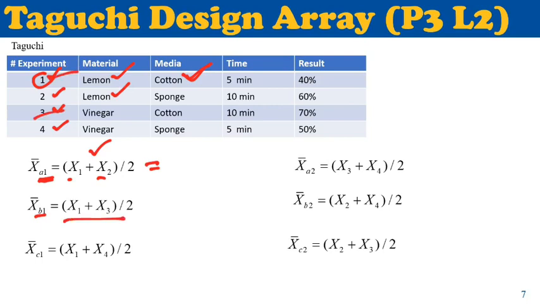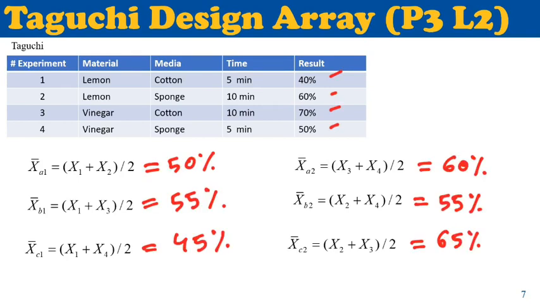So I take the average. So this is how you take the average of each level of each parameter. I had in total 6 levels, so that's why I had 6 equations. Now I'm going to take the average from this result and I'll show you the results. So we have taken the average of each level of each parameter, and we see 50, 55, 45.